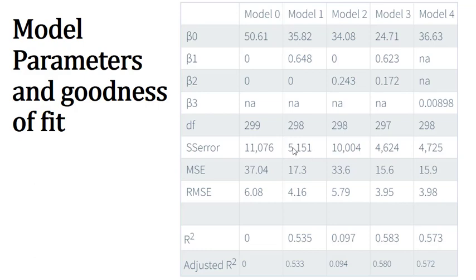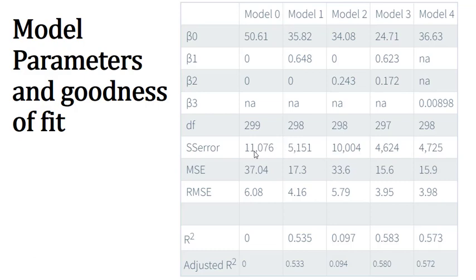So 5,925 is the variability that the model 1 explains, and 5,151 is the variability it doesn't explain. So if you calculate the variability that it explains, 5,925 divided by the total variability, 11,076, that is 0.535. That's the R square.